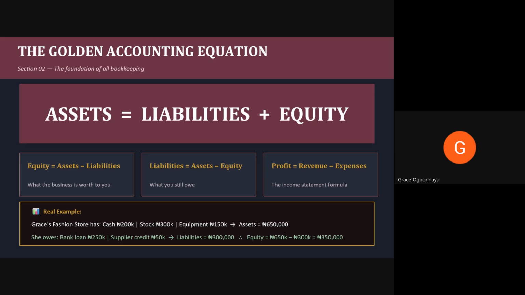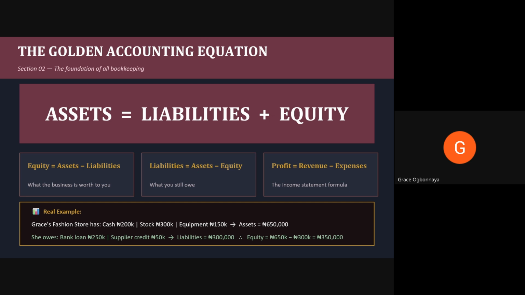Your assets, as I mentioned in the previous slide, is the equipment you have, the inventories, that's the stocks you have, the cash you have as a business. All those things, if you total them, should be equal to what you are owing outsiders and what you have contributed to the business. It has to match. If it doesn't balance, then there's something wrong.